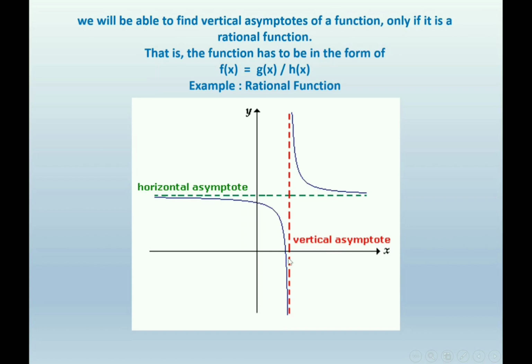The vertical asymptote is parallel to the y-axis, cutting the x-axis. And the curve gets closer to each without touching them. Here also, they are getting closer to them without touching them.